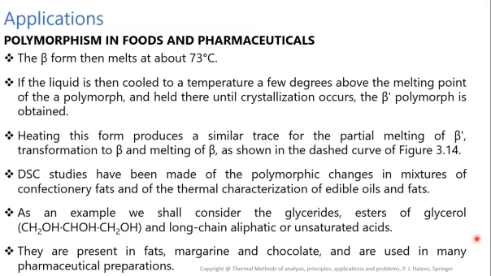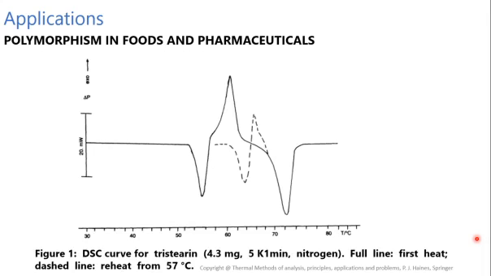So, for example, we have the glycerides. This is the particular DSC curve for tristearin, or we can say the glyceride molecule, for which 4.3 mg of the given sample was taken and heated at 5 Kelvin per minute under a nitrogen atmosphere.